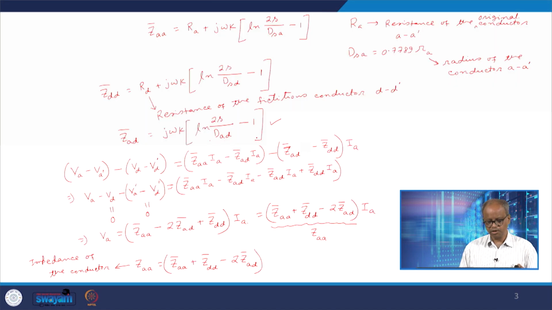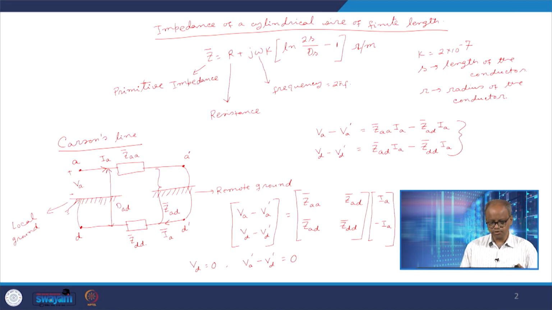So you see, why is it ground? Because in this we have actually considered two grounds, at point A and point A dash. For example, if this particular transmission line is, let us say, 100 kilometer long, then at point A there will be one local ground, and at point A dash also there will be another local ground, but ultimately this conductor current is actually coming back to point A through the ground.